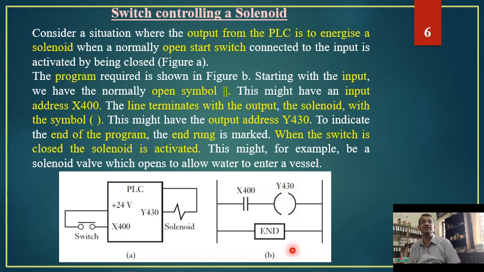That is the address of this output device. Then the second rung ends. So this is how things work. Whenever the PLC sends an input to X400, whenever this switch is turned on, then this output solenoid operates. That is how it goes.